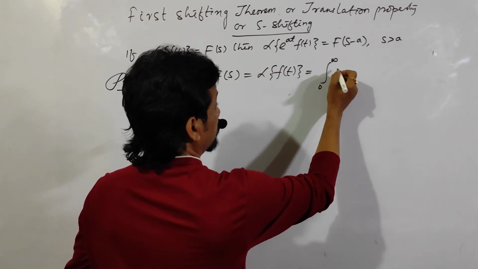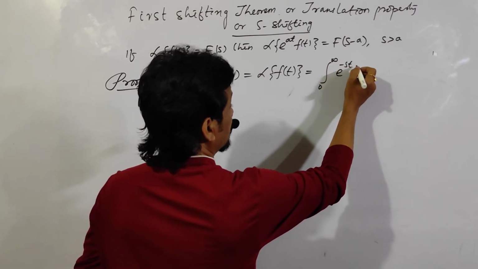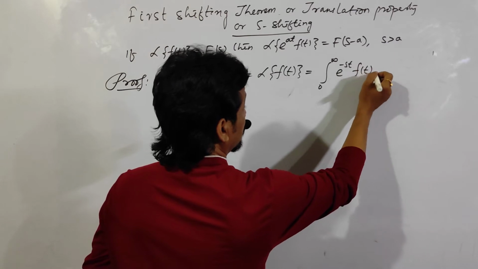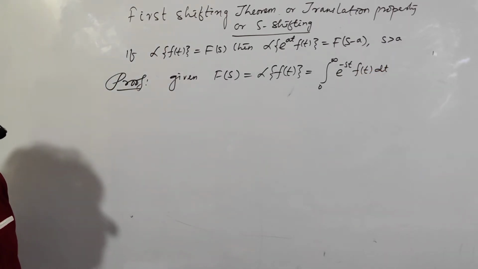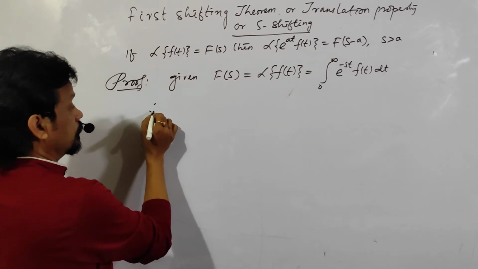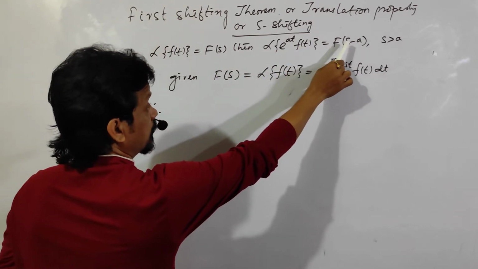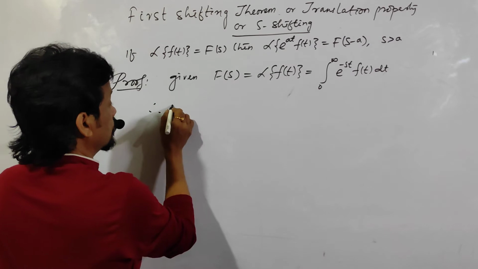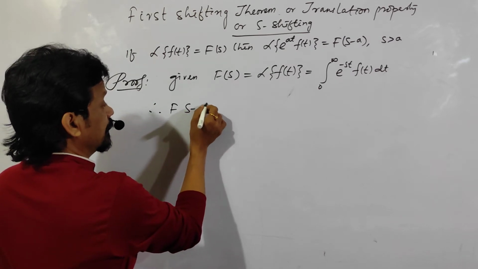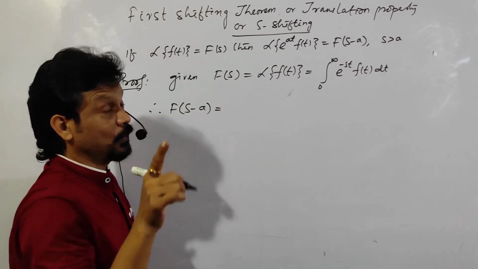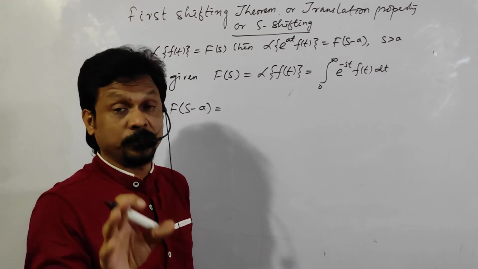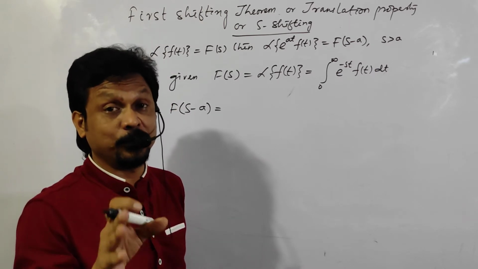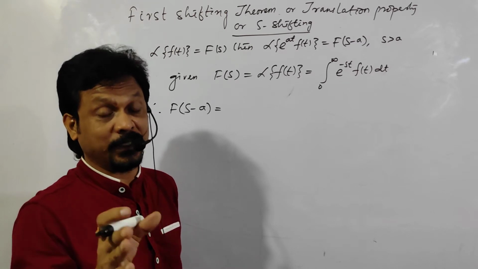Integral from 0 to infinity of e to the minus st into f of t, integrated with respect to t. Now what do you have to prove? F of s minus a. Very simple, within 2 lines I will prove it, and in the exam it is a 5-mark question: prove the first shifting theorem for Laplace transformation.